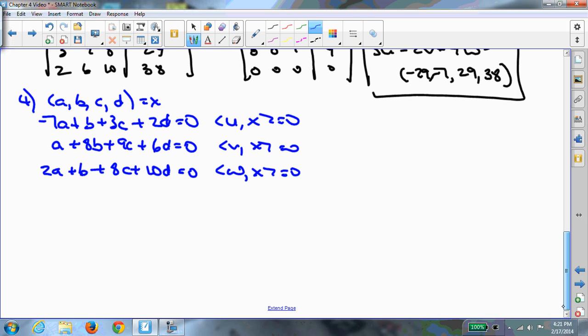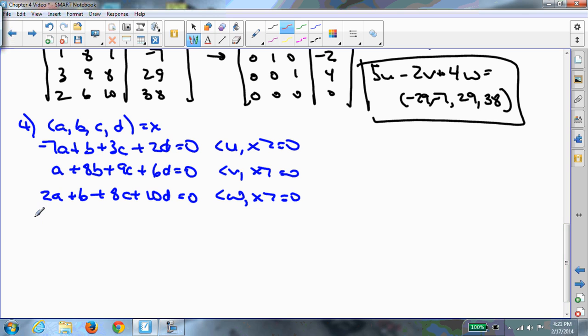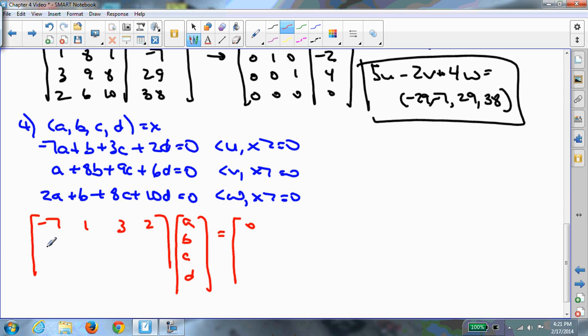But again, I can rewrite this as a matrix. So the matrix for this would be the following. It would be -7, 1, 3, 2. And this time I want a, b, c, d going this way. And I want that first one to equal 0. And then the next one would be 1, 8, 9, 6, 0.